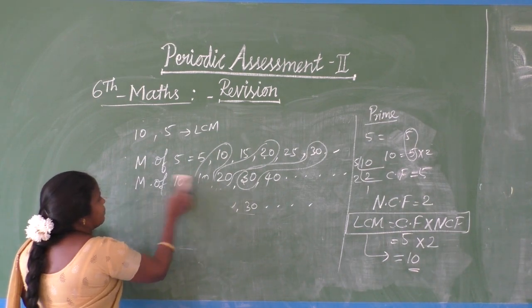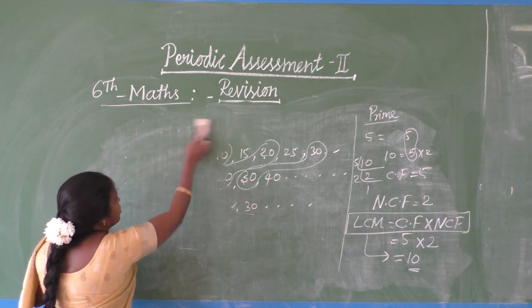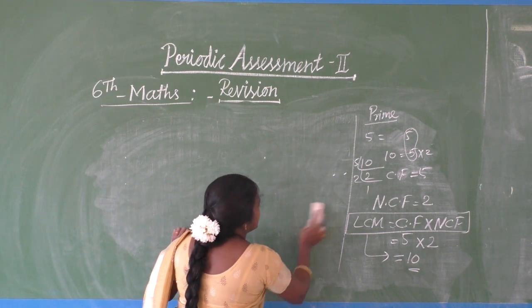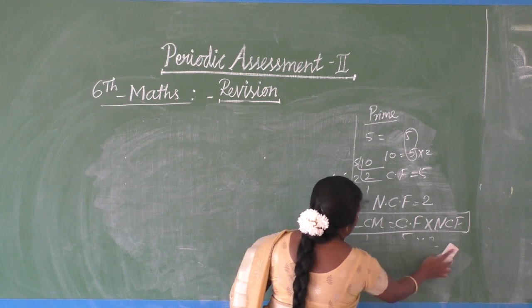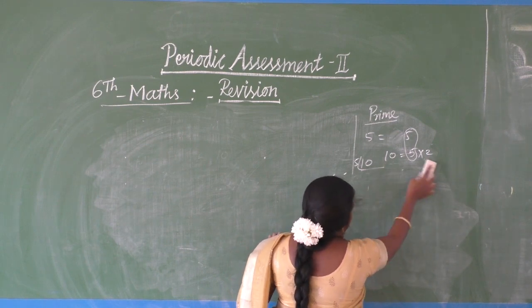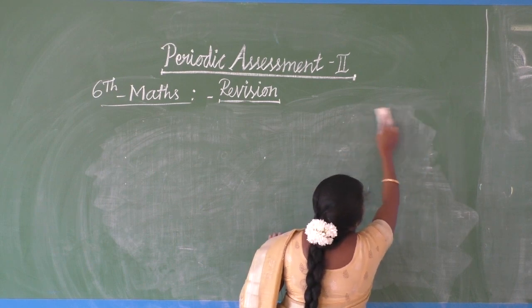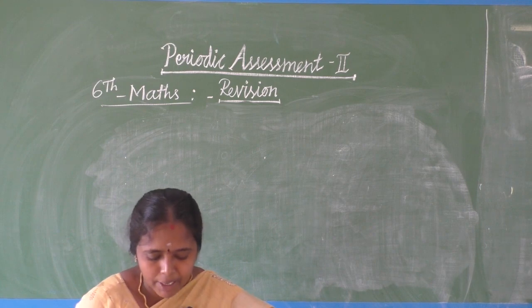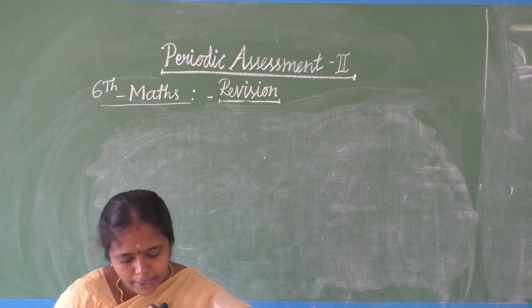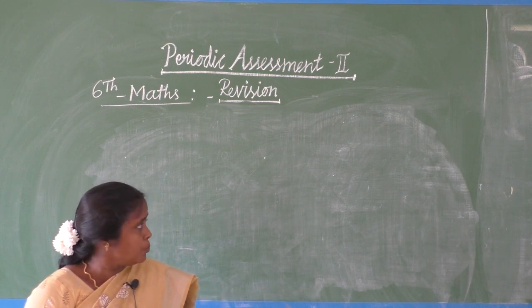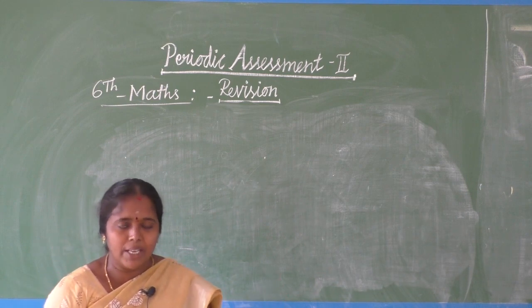Regarding this LCM, one important question is there. Important model is there. Find the 3 digit smallest number which is exactly divisible by these. Find the biggest 3 digit number which is exactly divisible by the given numbers. Like that may come. So at that time what to do? Exactly divisible by the given numbers means you must choose the LCM of the numbers only.